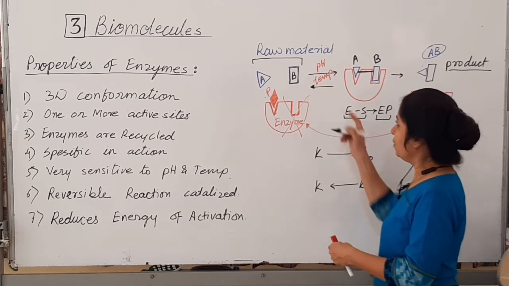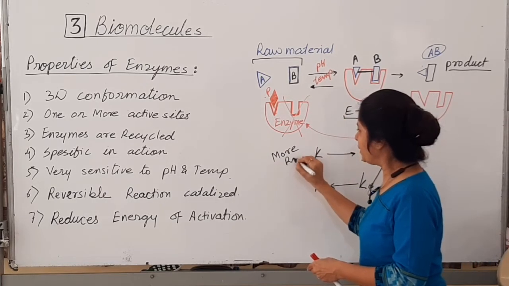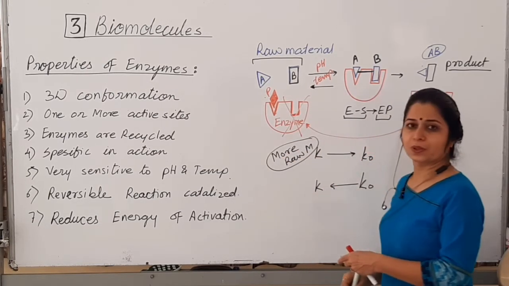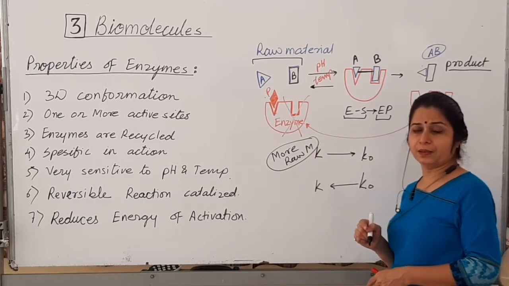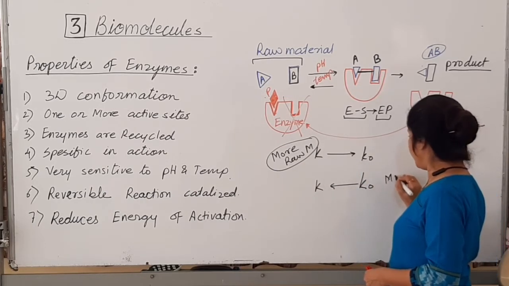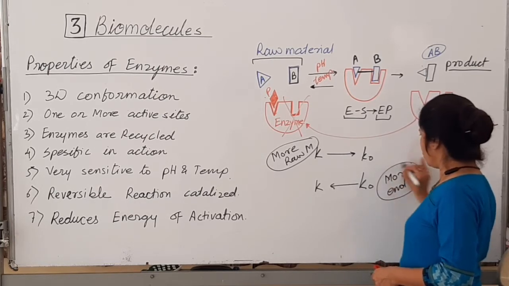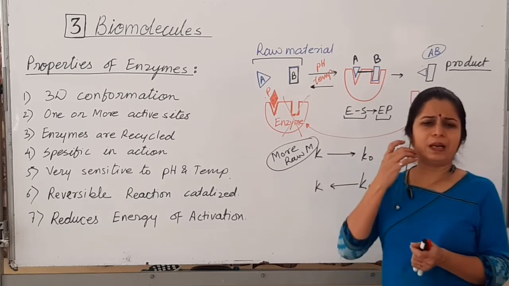This will happen when more raw material is available, so the rate of the forward chemical reaction will be higher. Here, with more end product, the rate of the reversible chemical reaction can increase. This is one parameter.